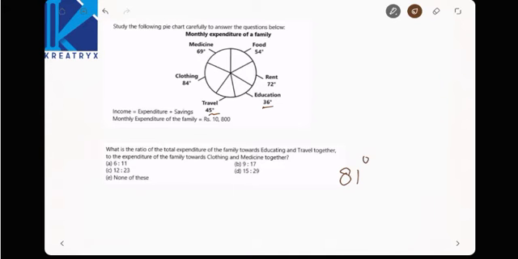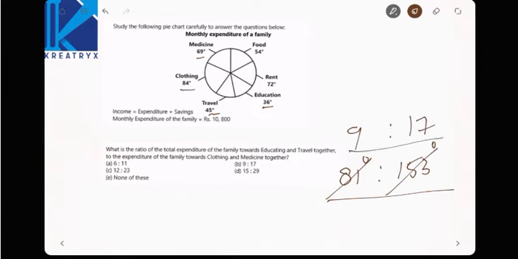Clothing and medicine is 69 plus 84, which is 153. Automatically the degrees itself will help you know the answer, because 360 and 10,800 all get cancelled. The ratio between these will be your answer: 9:17.